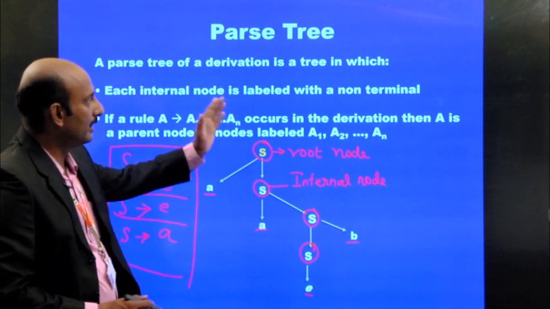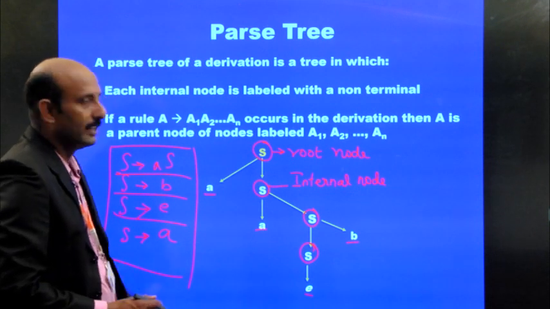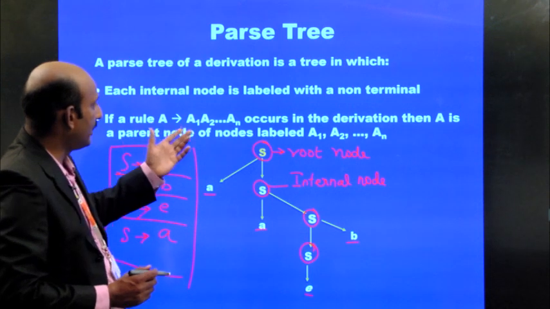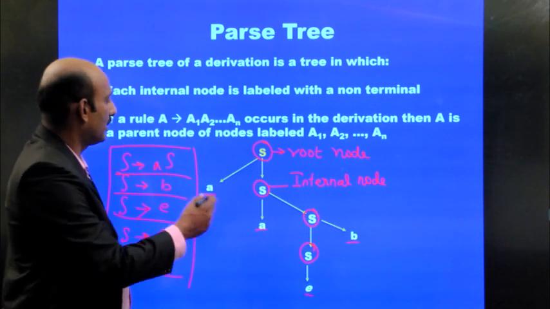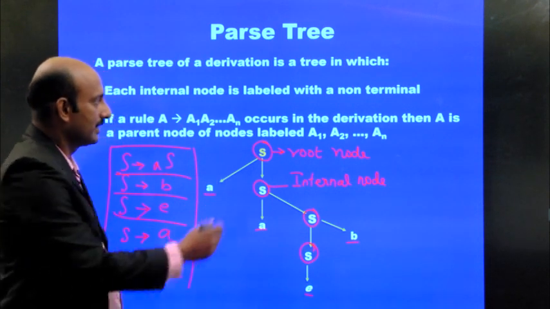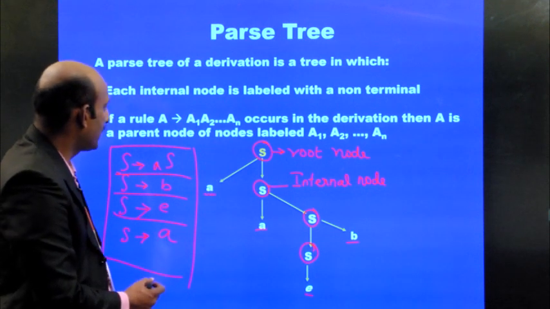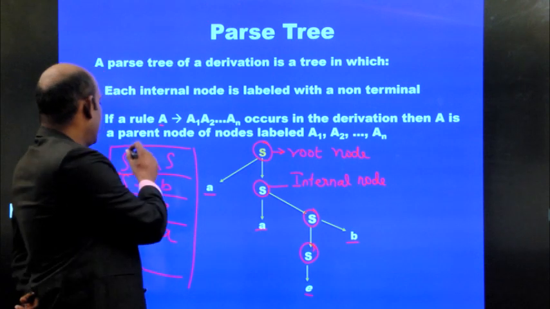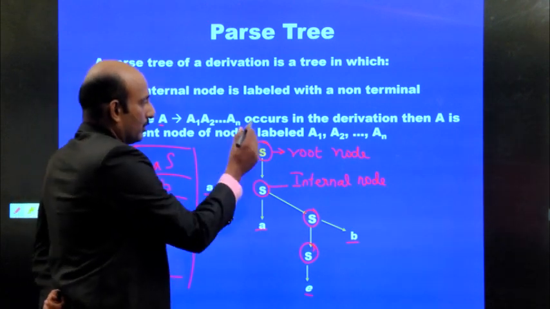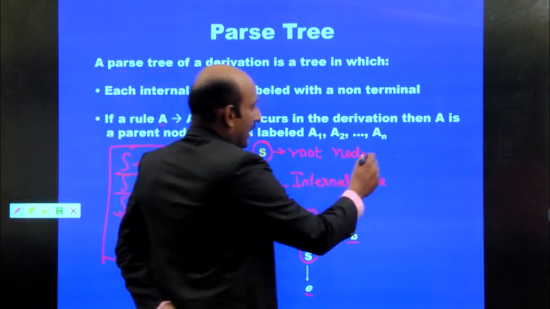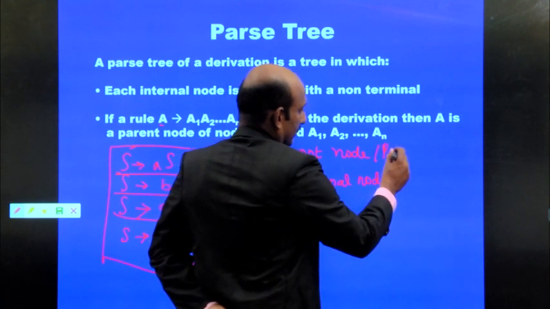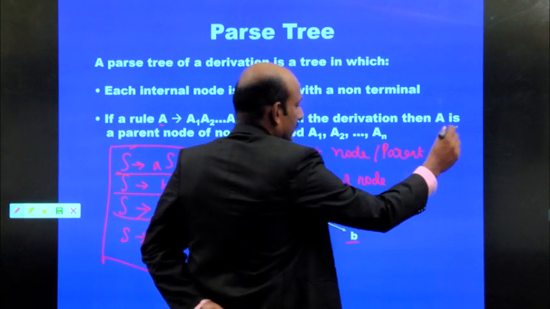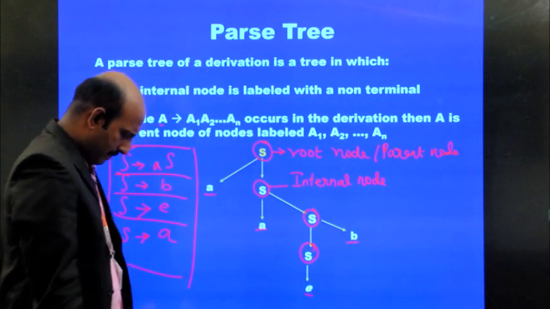Each internal node is labeled with a non-terminal, and the rule is in the form A implies A1, A2, and so on up to An. In the derivation, A is the parent node. Likewise, here S is the root node, or we can call it a parent node.